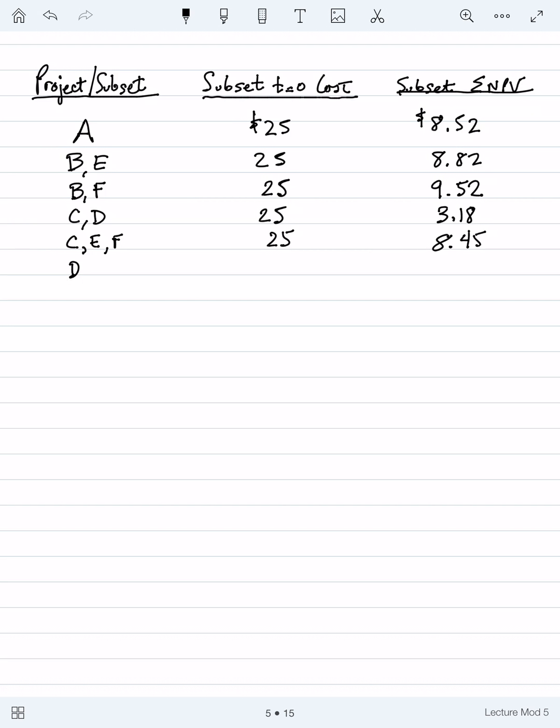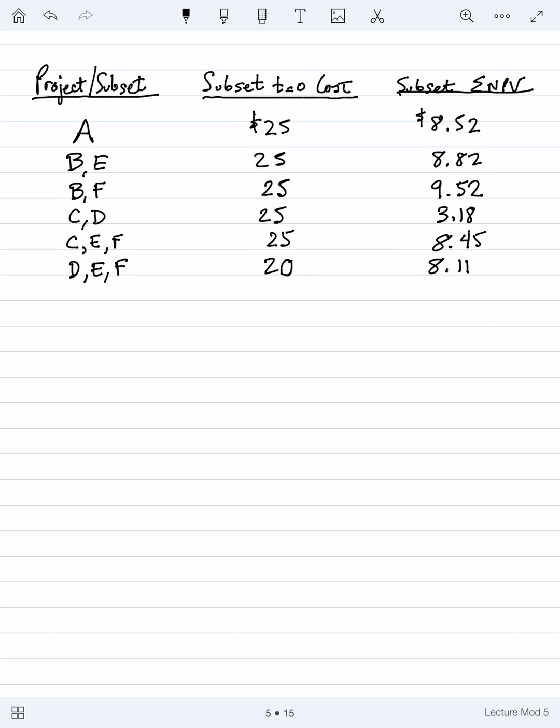D, E, and F could also be obtained for 25 million. Oh, no, wait. I'm looking at my note, and I realized I wrote the wrong number there, and you can double check by going back. You're spending $20 million there, and there's nothing else available to use this other $5 million for. That gets you 8.1.